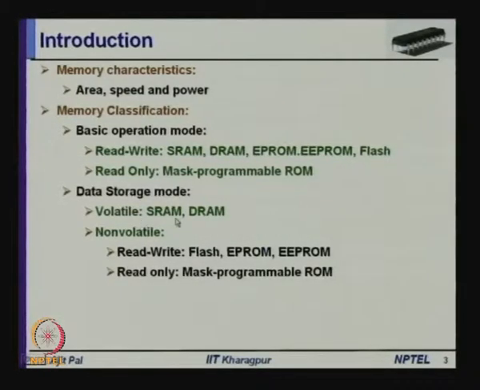And we can see SRAM, static RAM, and dynamic RAM belong to the category of volatile memory, and non-volatile types are read write. In the read write category you have got flash memory, EPROM, EEPROM, and also mask programmable ROM. So, these are non-volatile memory devices. That means, if the power is turned off, information will not be lost.